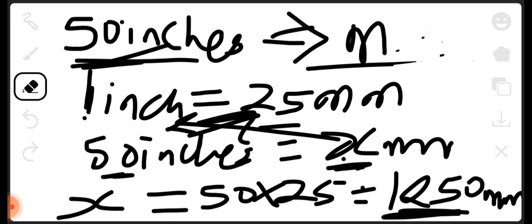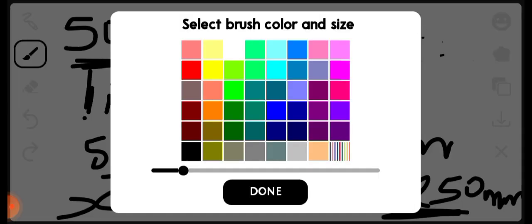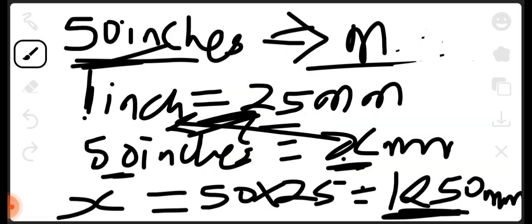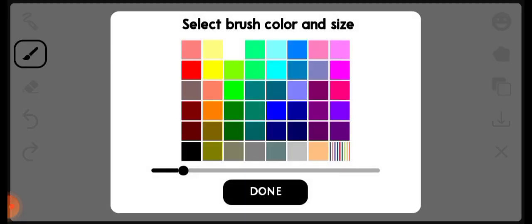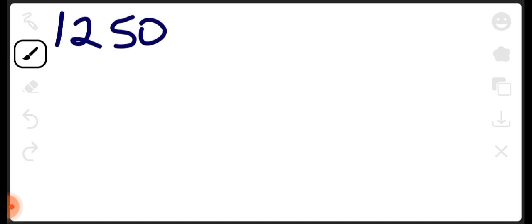Remember the answer in millimeters is 1,250. So let's take that answer, 1250 millimeters, now to meters.